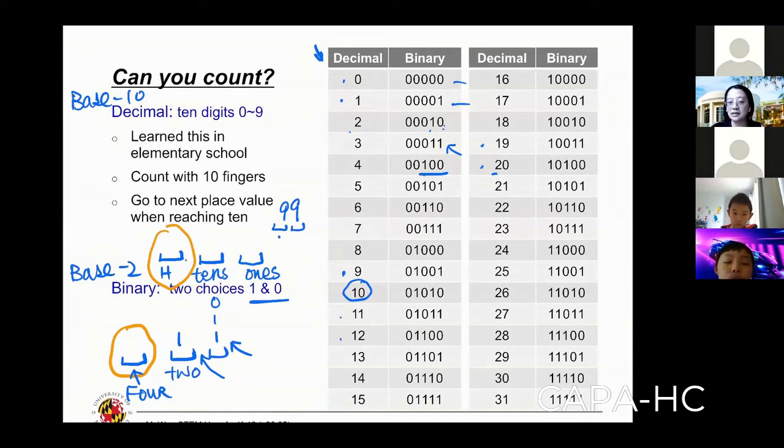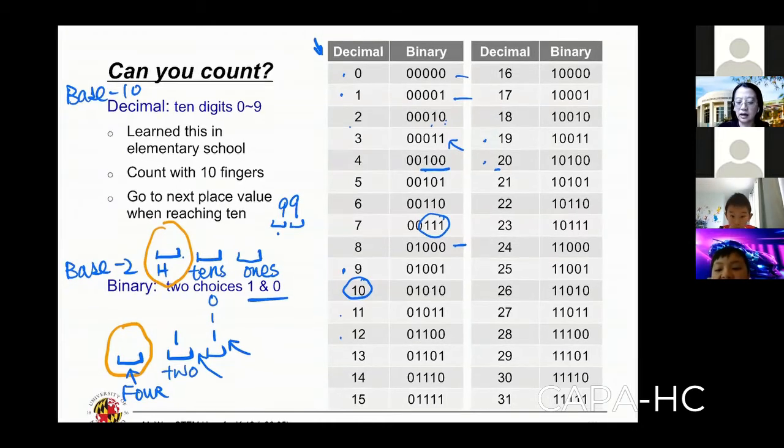And then we continue the process: whenever everything is used up to be 1s, we are going to move up one place value. So a number 8 will need a total of 4 digits. Each of these we call 1 bit.